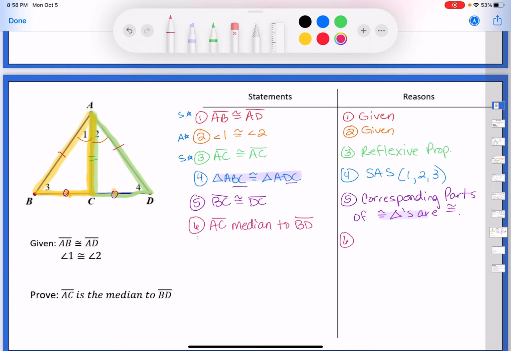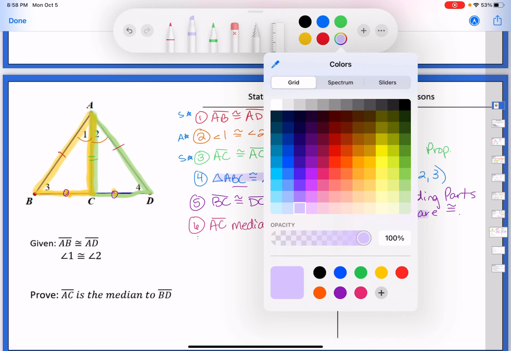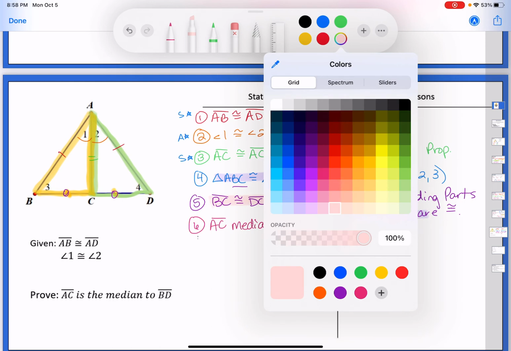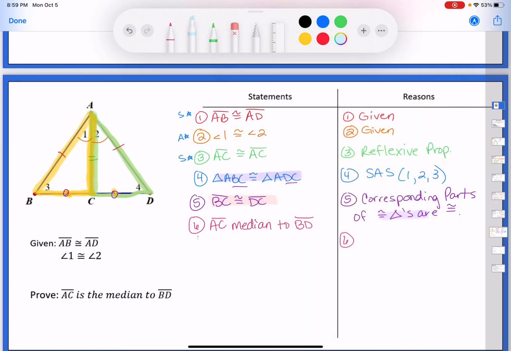The step before this, I said that I had two congruent parts. So the two congruent parts is my if. And what I'm saying in this step is that it is a median. So the if part needs to be the two congruent parts. The then part needs to be the median.